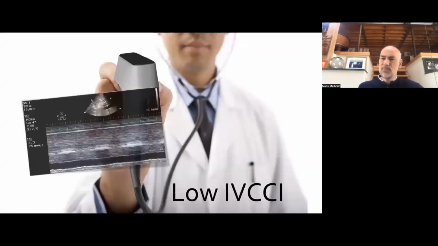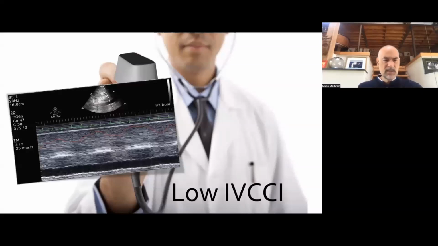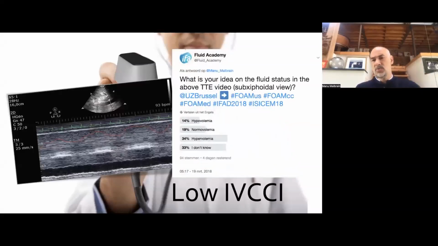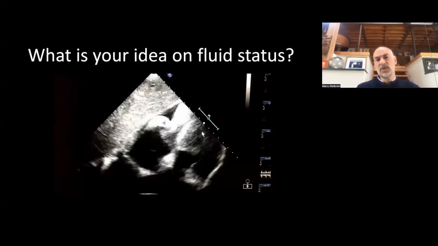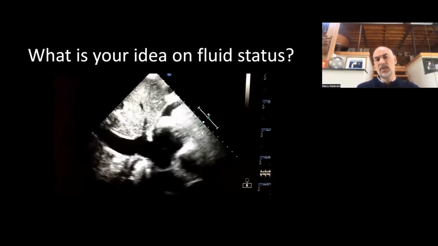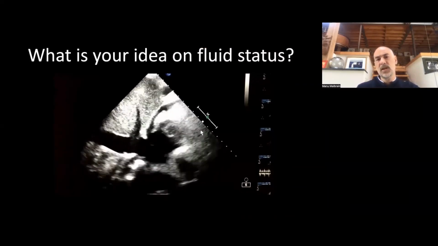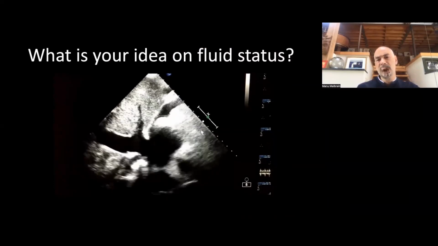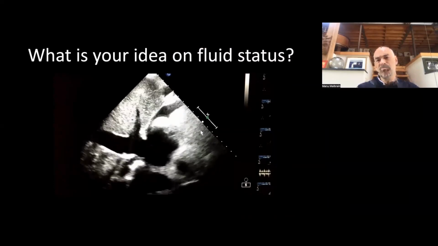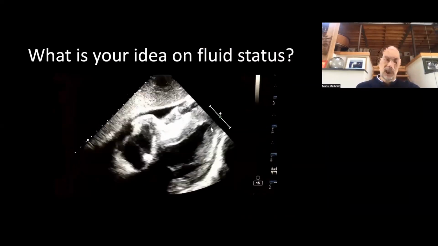So what about low inferior vena cava collapsibility index? Look at this tracing. And if you ask, again, social media, people don't know whether the patient is intravascularly normal or hypervolemic. Basically, we don't know. And in fact, this dilated inferior vena cava was the result of a pericardial tamponade, and the patient was, in fact, intravascularly underfilled.